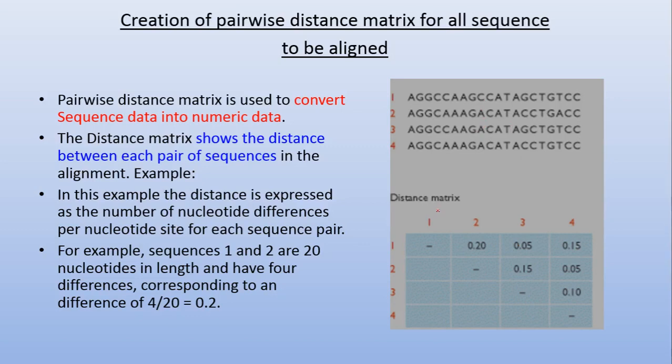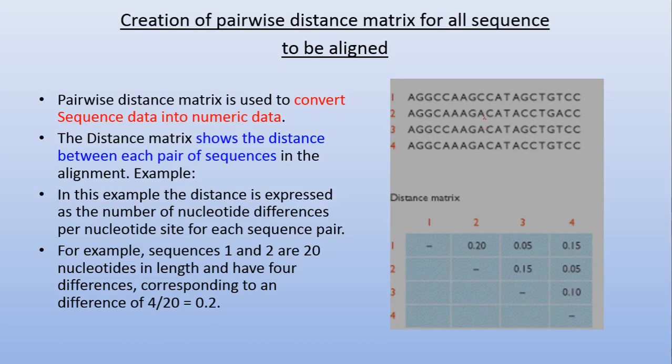So the objective of creating the pairwise distance matrix is to convert the sequence data, as you can see over here, into numeric data. Typically this distance matrix would show the distance between each pair of sequences in your alignment. In our case, the distance is expressed as the number of nucleotide differences per nucleotide site for each sequence pair.